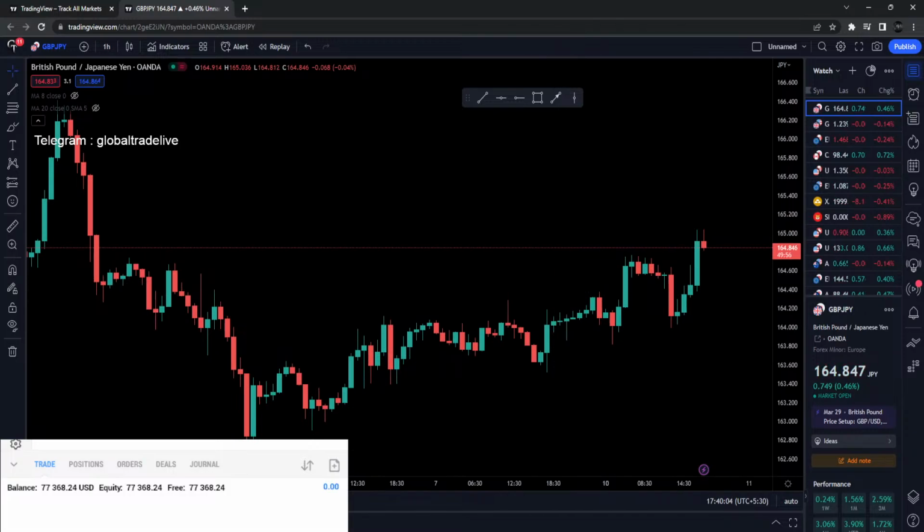Okay everybody, let me just open my terminal over here. This is GBP JPY 1 hour.